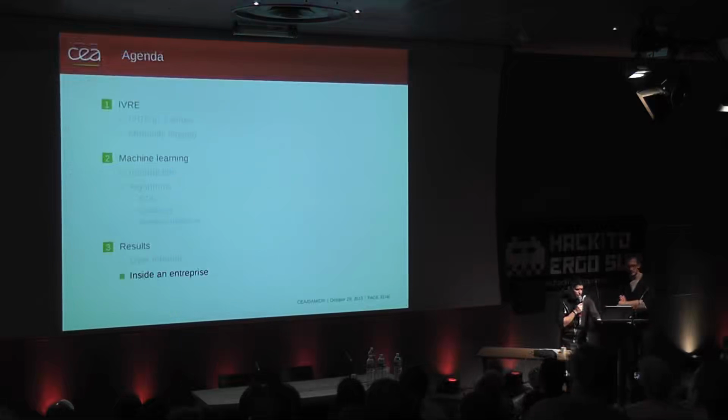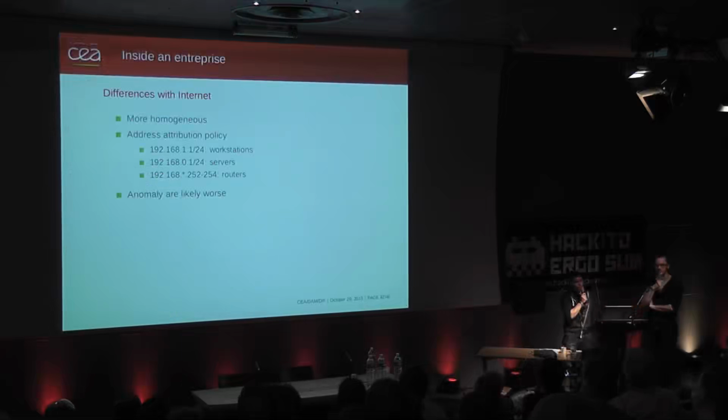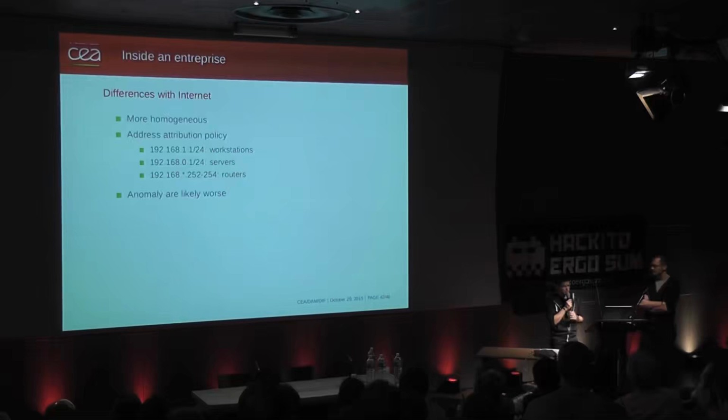These are just results on the internet, and you can do the same inside an enterprise, but the results are quite different. Why? Because in a firm, hosts tend to be more homogeneous because of policy inside the firm. For instance, you can have an address attribution policy with some subnetworks reserved just for workstations, others just for servers, and maybe a given byte just for routers.